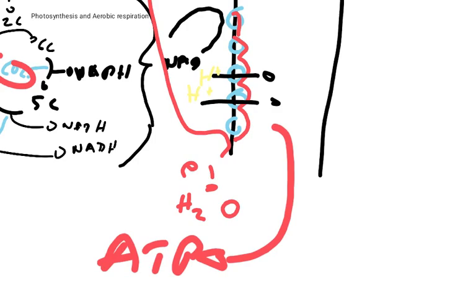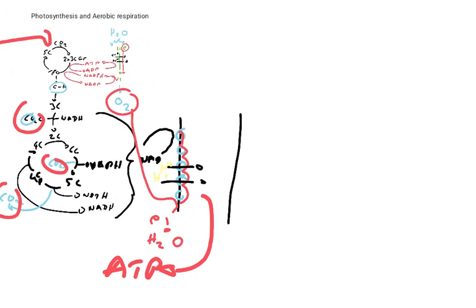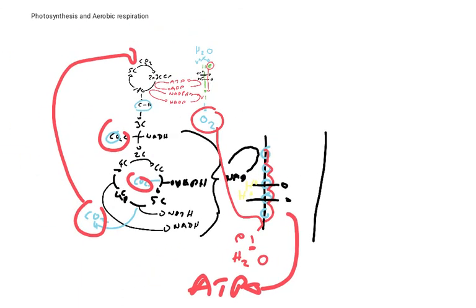And the oxygen that you're joining it with is the oxygen that's being produced here by photolysis. And the carbon dioxide that you produce in Krebs cycle is the carbon dioxide that gets consumed in the Calvin cycle. Okay, that's longer than normal, but I hope that makes some sense.